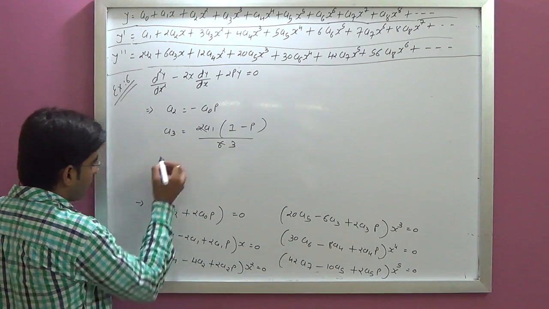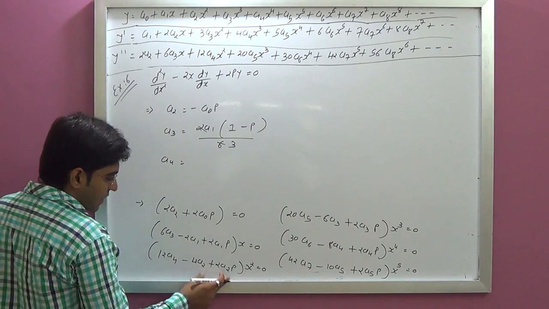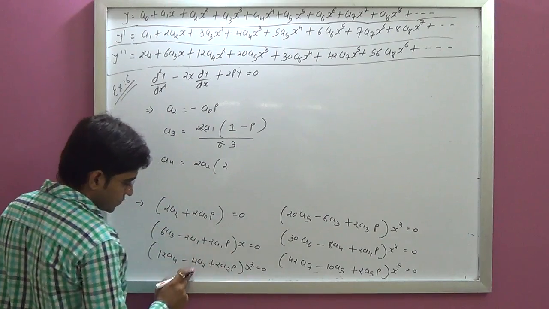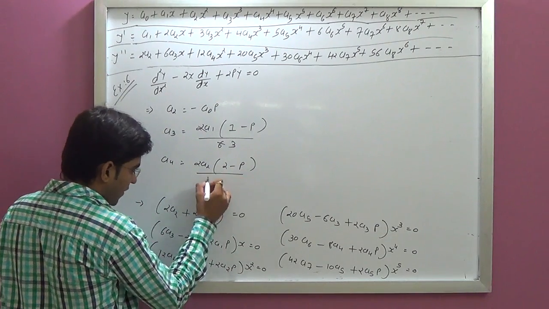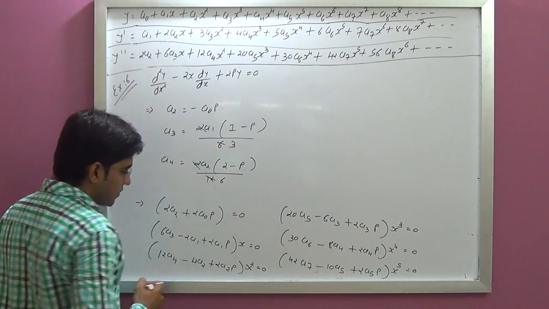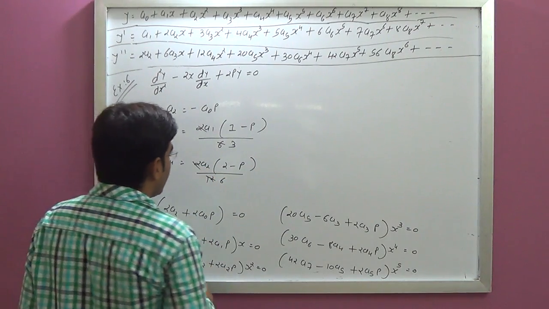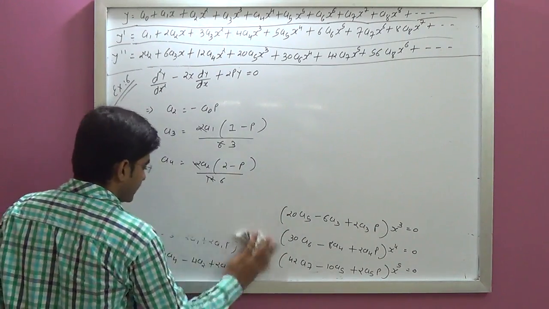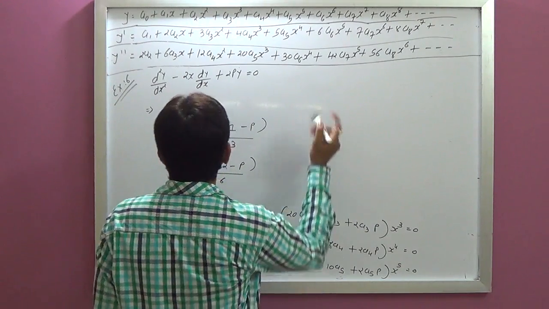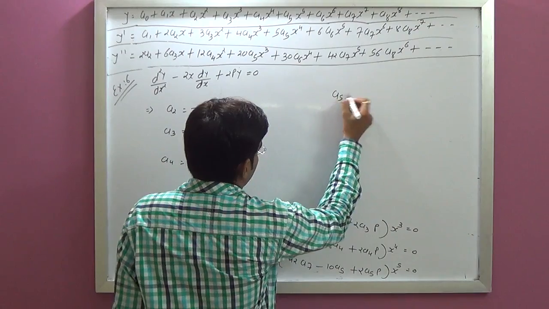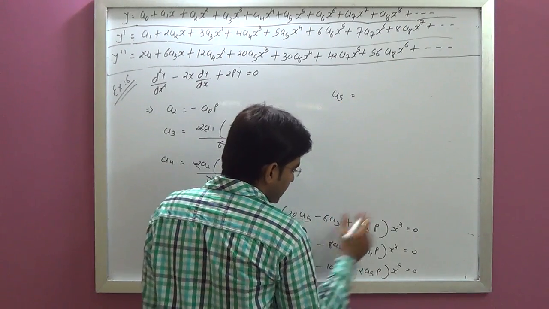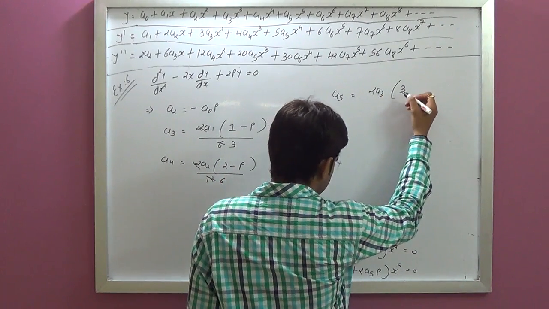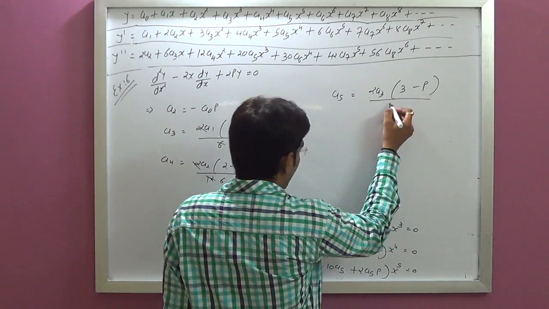Okay, now a4 is equal to, both terms go to this side, so 2a2 common, 2 minus p upon 12, it means goes to 6. Right? Now a5, this term goes to this side, that means 2a3 common, and 2 2 2 3 6 minus p upon 20.